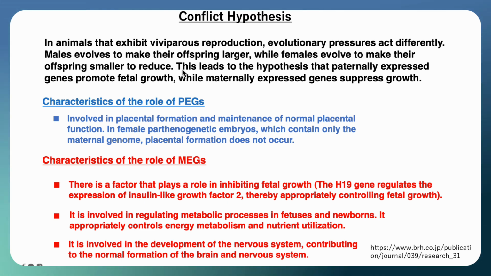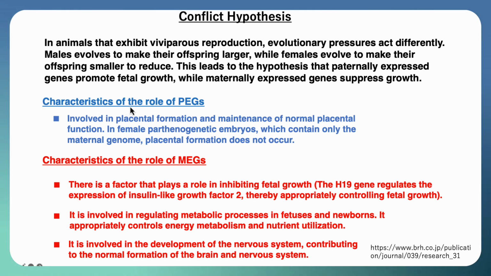Males evolve to make their offspring larger, while females evolve to make their offspring smaller. This leads to the hypothesis that paternally expressed genes promote fetal growth, while maternally expressed genes suppress growth. However, as research progressed and more imprinted genes were discovered, exceptions to the conflict hypothesis have increased.